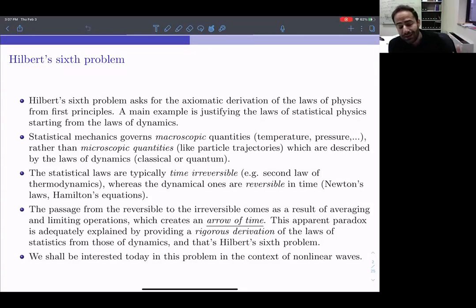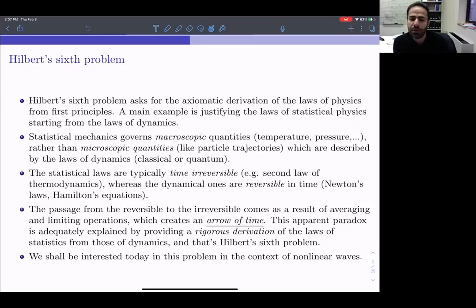So in this justification that Hilbert is asking from us, this justification of statistical mechanics from first principles, there is a passage from something that is reversible in time to a law that is irreversible in time. Okay, and this is somewhat of an apparent paradox.